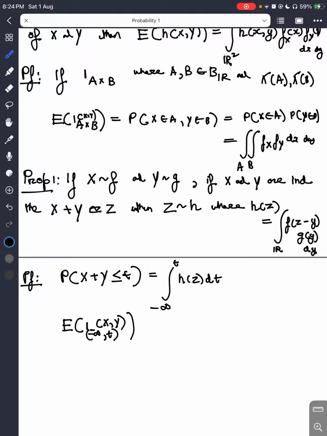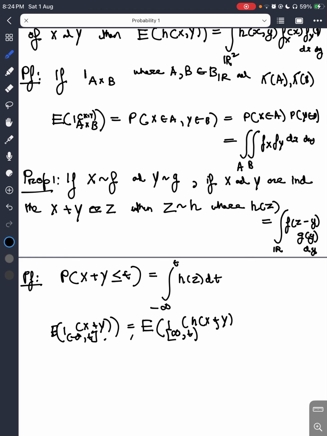Sorry, this is nothing but the expectation of the indicator function of minus infinity to t of x plus y, which can further be written as the indicator function of minus infinity to t of h of x comma y, where h is the function h of x comma y equal to x plus y.